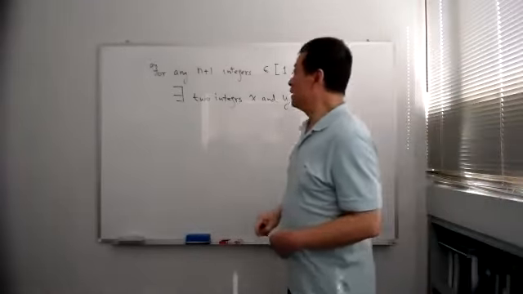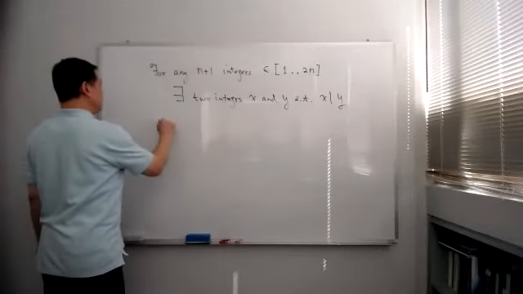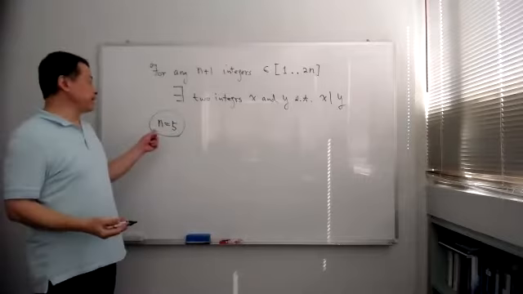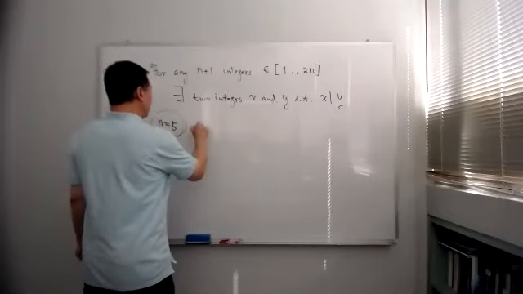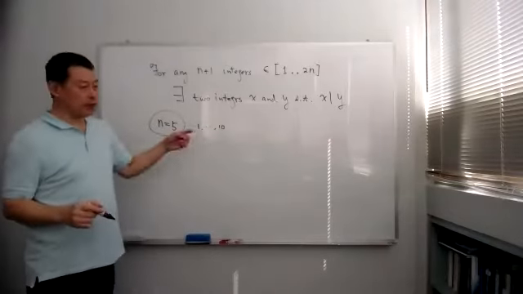So let's say n may be set to be 5. We arbitrarily choose 6 integers from 1 to 10. N plus 1, choose 6 integers from 1 to 10.